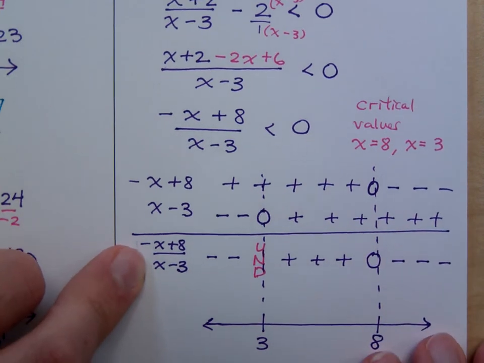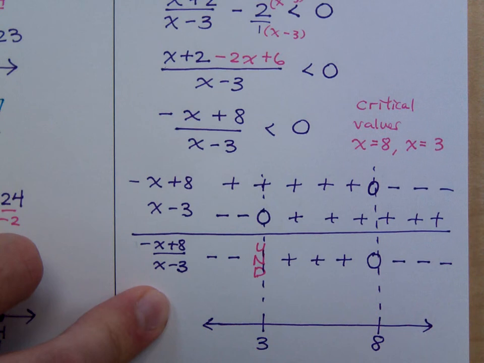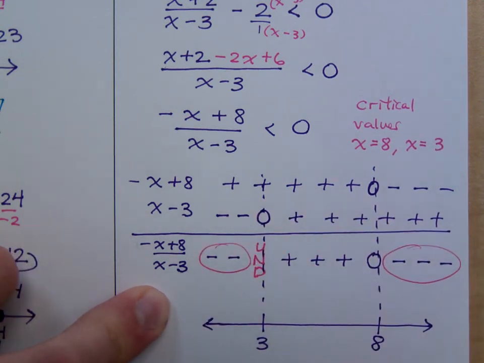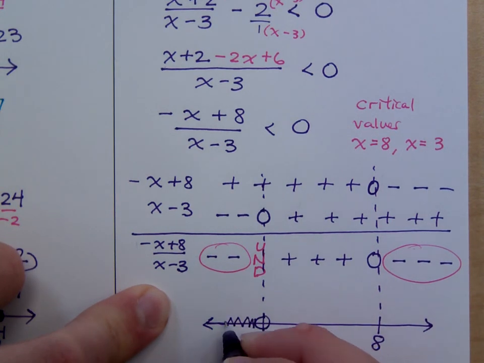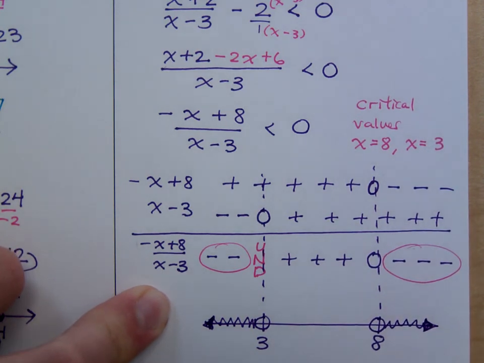So our question here is, when is this expression less than 0? To be less than 0, we need negative values like we have here. So on the number line, that corresponds to everything to the left of 3 and everything to the right of 8. But do I get to include these points?